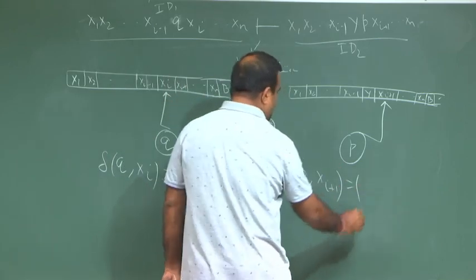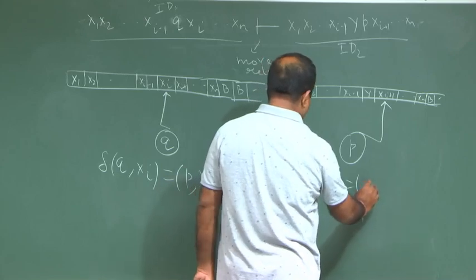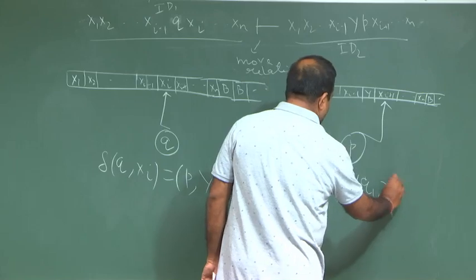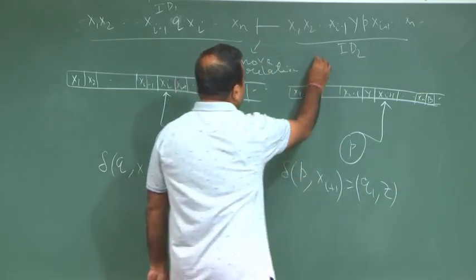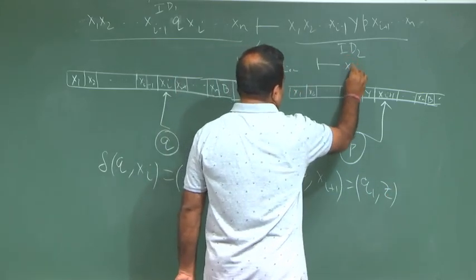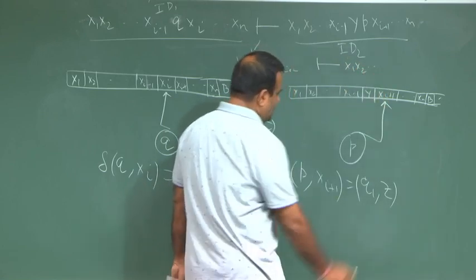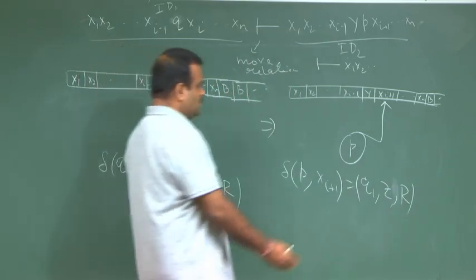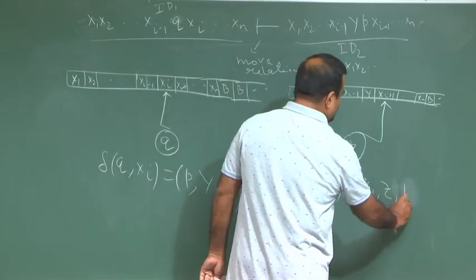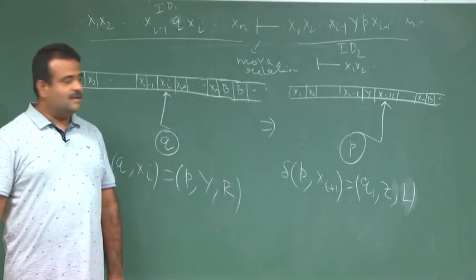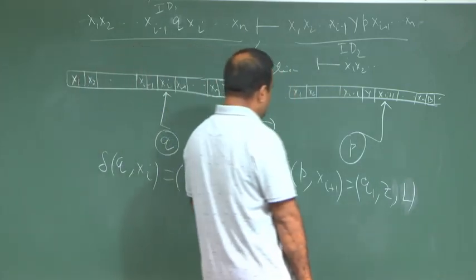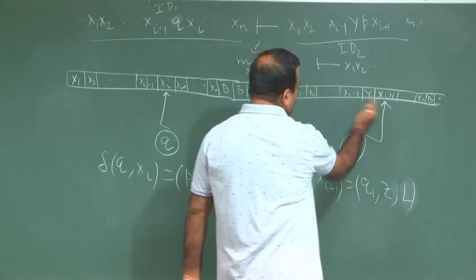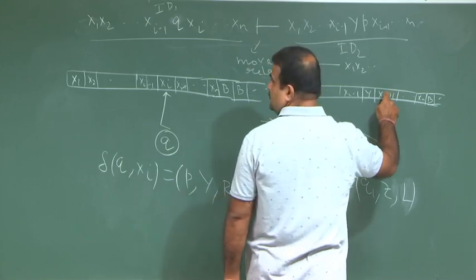If this goes to some q 1 and z, and let us take an L, then it will go like x 1, x 2, then this is going to the left and this will be replaced by z.